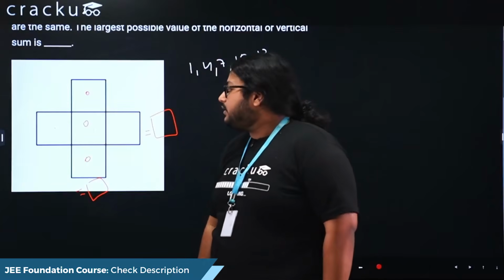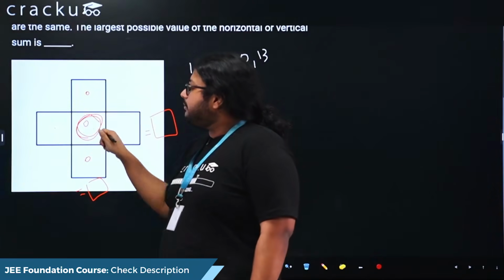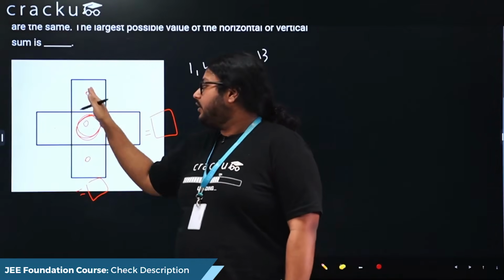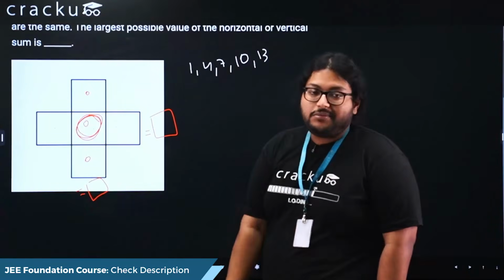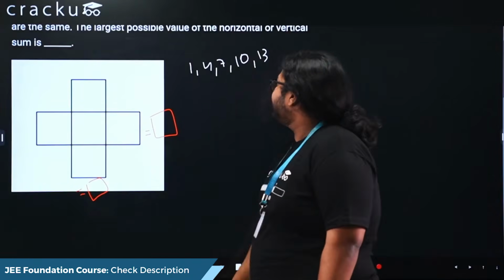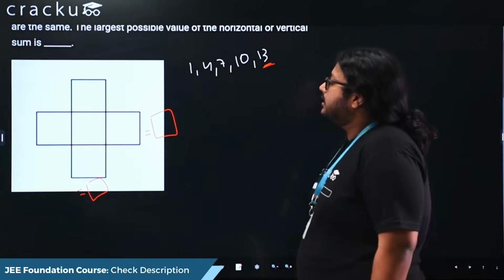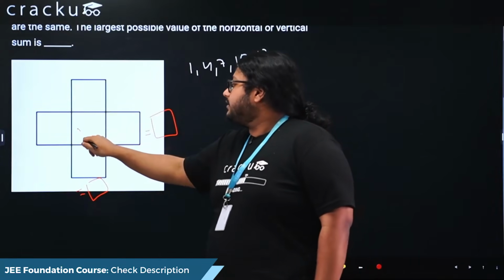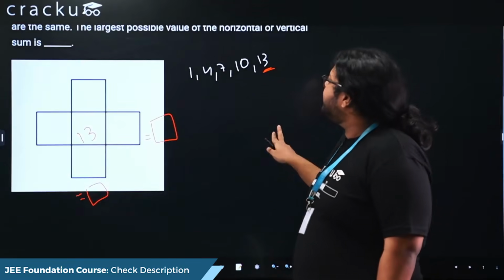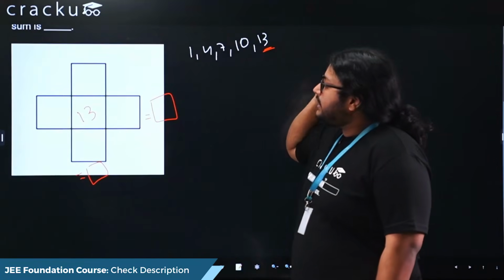Largest possible value for horizontal or vertical means I need to place a big number here, because if I place a big number here, then no matter what I take, horizontal or vertical, I'll get the biggest answer. What is the biggest number in the choices that are given? In the choices, the biggest number we have is 13. If I place 13 here, will I be able to arrange the other numbers such that the sum of the numbers in the horizontal and vertical is the same?